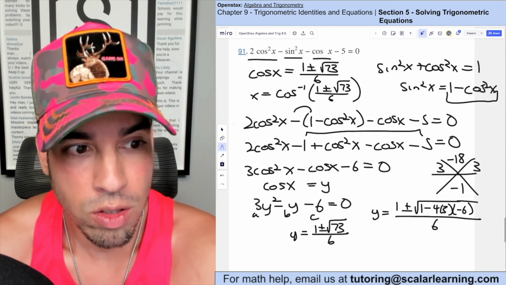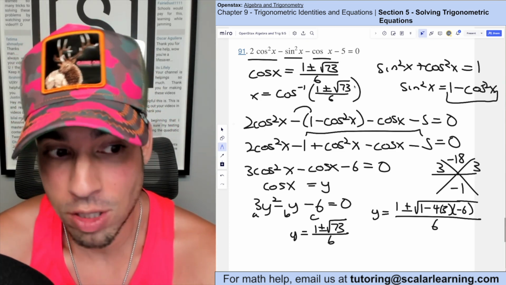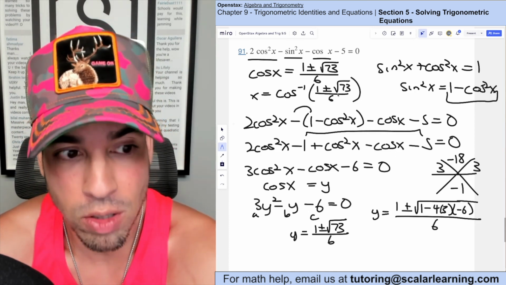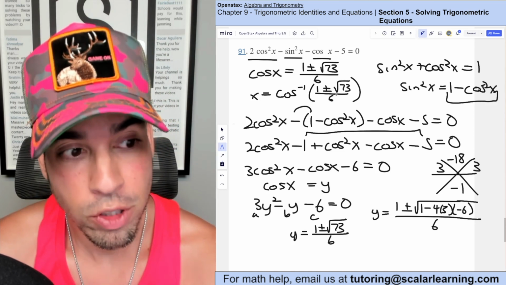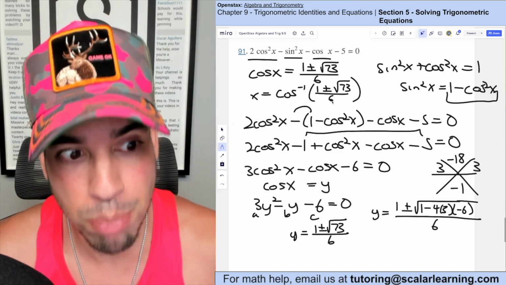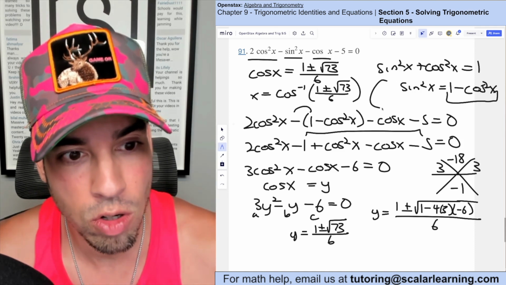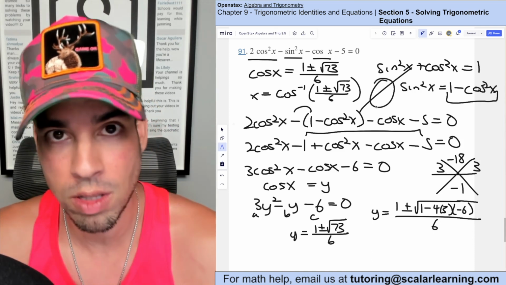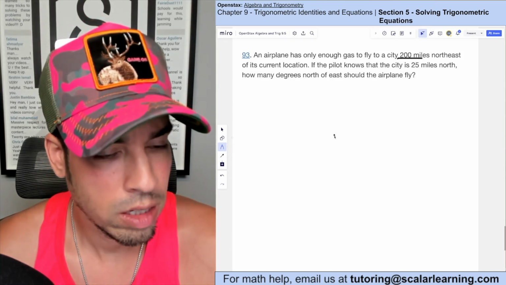But either way, if I'm doing 1 plus 8, which is like 9 over 6 approximately, that's bigger than 1. If I do 1 minus 8, that's like negative 7 over 6, that's less than negative 1. Both of those values are outside the domain of arc cosine, which means this is a no solution situation. Boom, done.